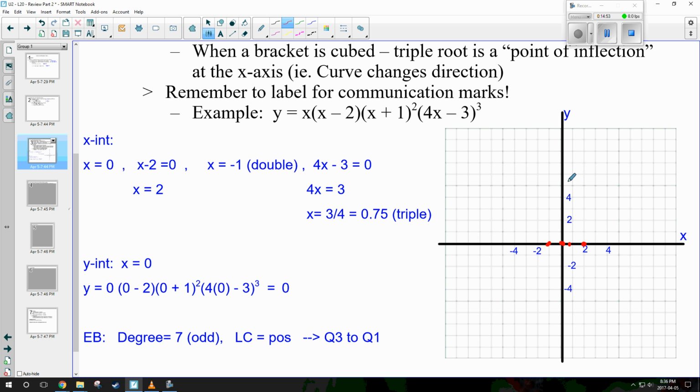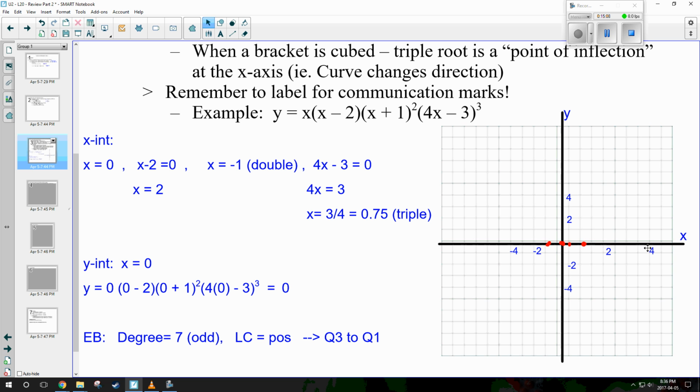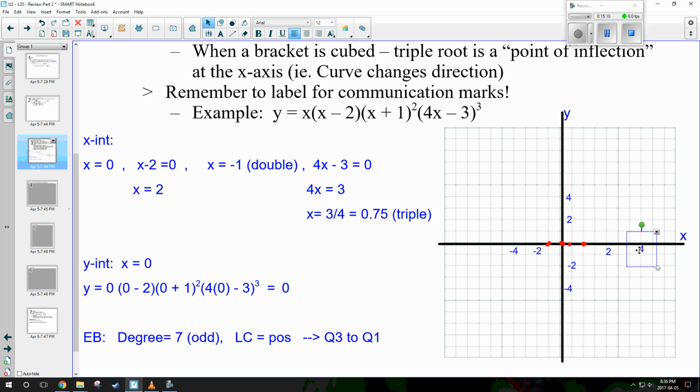Now those are really close together. I'm just going to adjust my graph here a little bit so that it's spaced out a little bit more just so it's easier for us to see here. So let's make that 1, 2, 3, 4, 5, 6, 7. Oops.